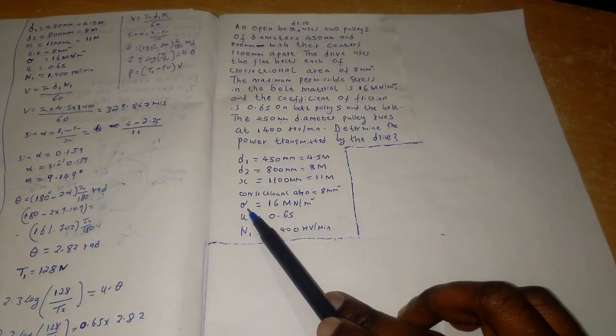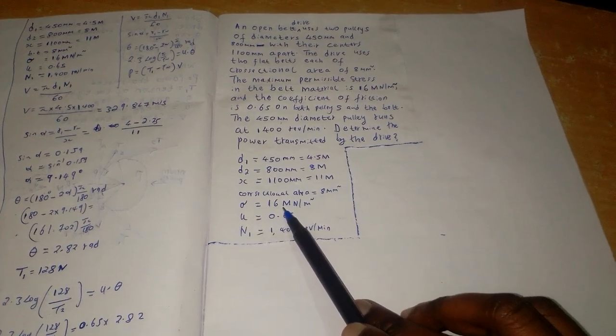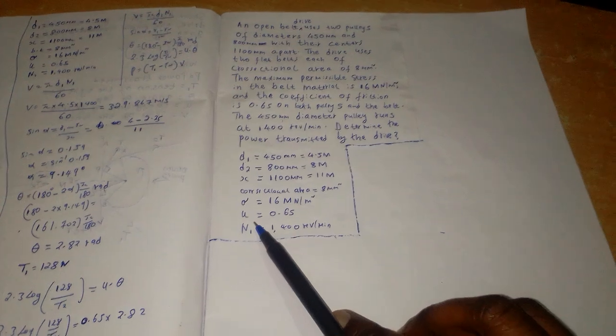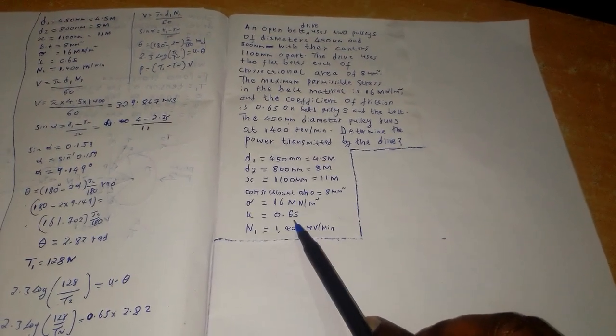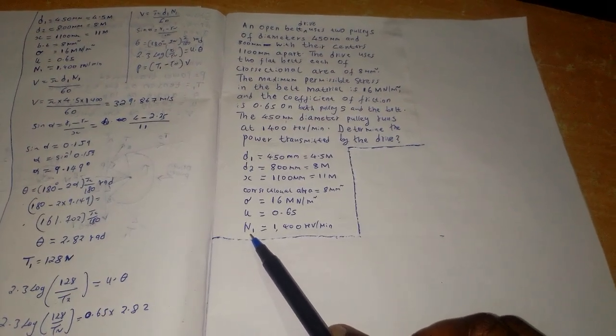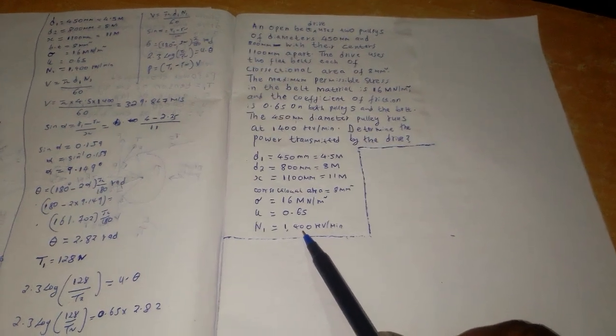Then we have the permissible stress in the belt, 16 meganewtons per meter squared. Then we have mu, the coefficient of friction, 0.65, and the speed of the smaller pulley, which is 1400 revolutions per minute.